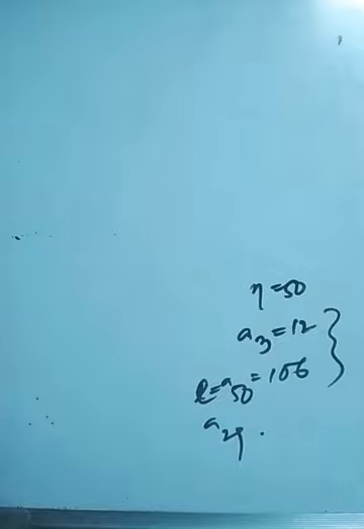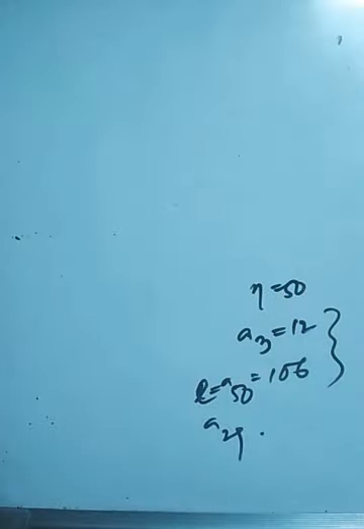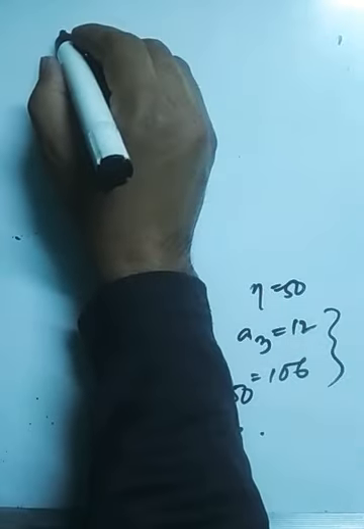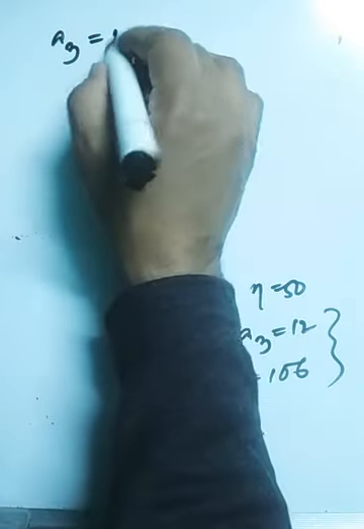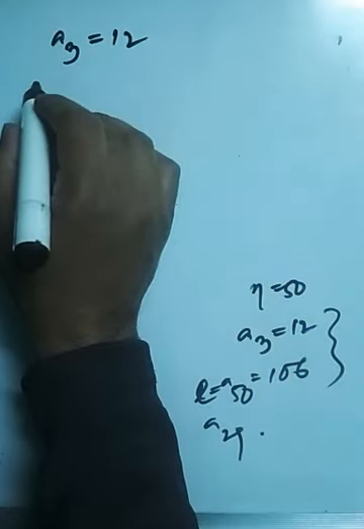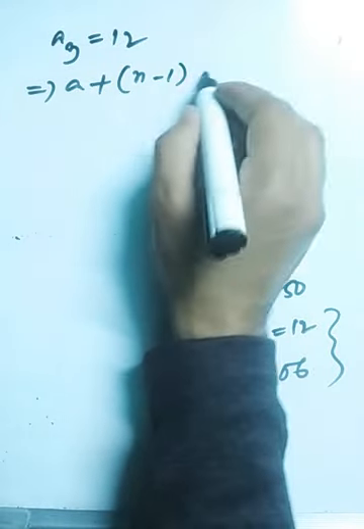So as we write in the beginning, since we do not know the value of A and D, you please write let A and D be the first term and the common difference respectively. You please do by yourself, and I'm going to start like this. Here A3 is how much? 12. So we have to apply the formula A plus (n minus 1) D. It will be 12.